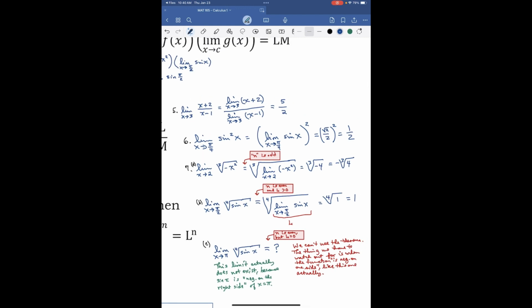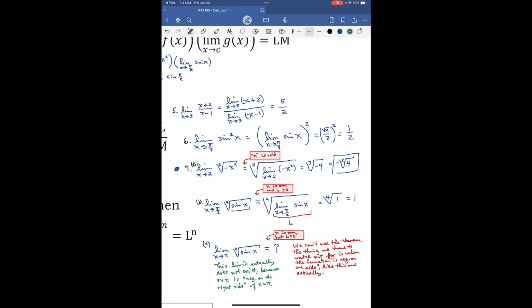All right, so first, if we look at the limit of the cube root of negative x squared, this is a case where we're looking at an odd root, so no problems. We can just bring the limit under the radical and get the answer there of negative cube root of 4. All right, so let's look at part B. Part B is a situation where the root is even, so we have to focus on the part under the root, the sine of x.